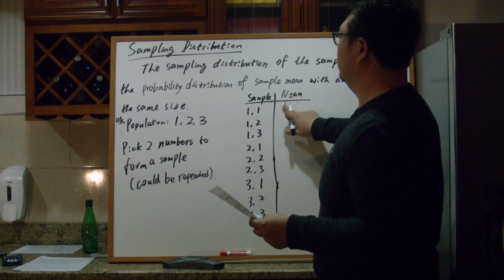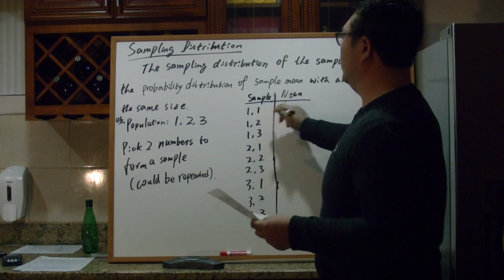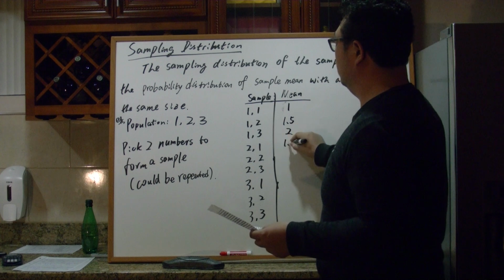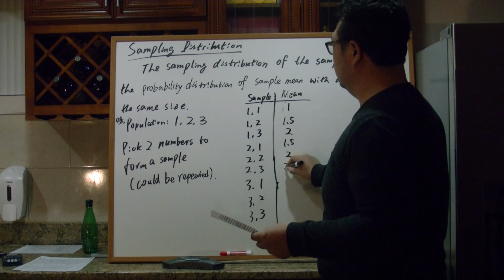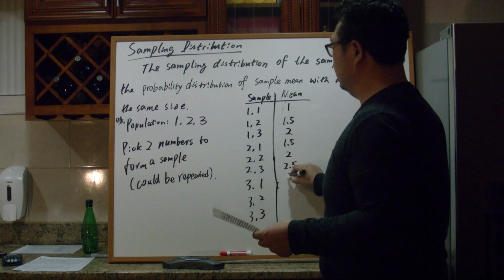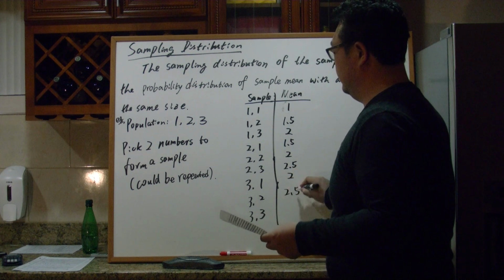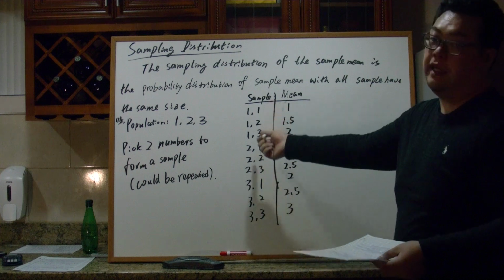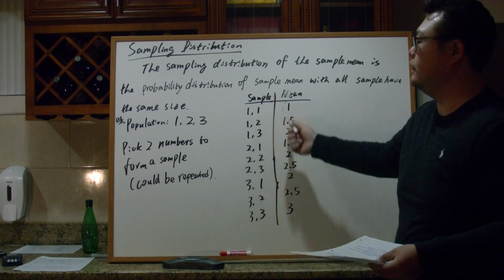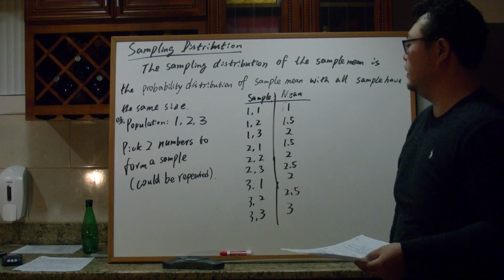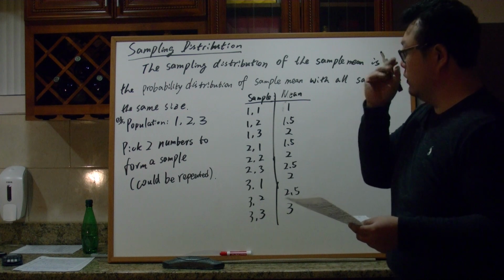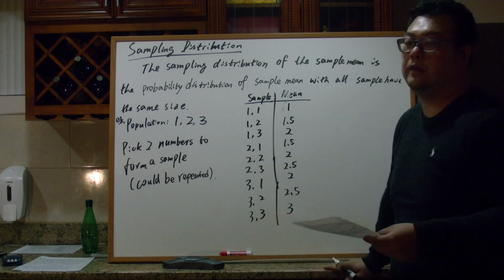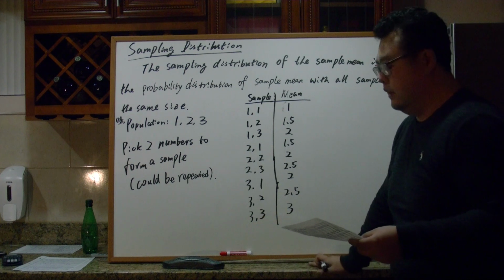The sample means are 1, 1.5, 2, 1.5, 2, 2.5, 2, 2.5, and 3. For a sample of size 2, we just add the values together and divide by 2 to get the mean. That is the sample mean for all 9 possible cases.